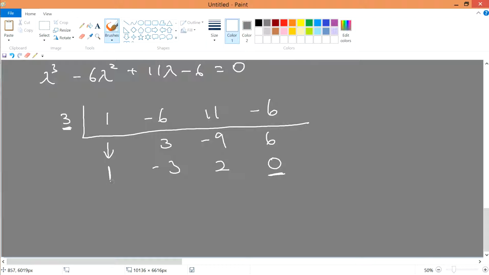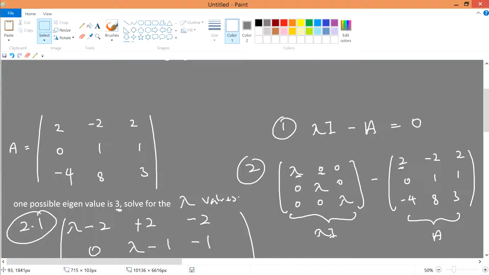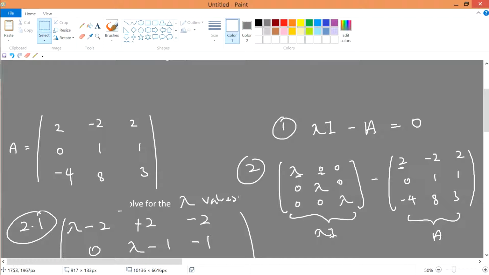And hence, we can translate this over here as a second order system, which is what I'm writing right now. So the remainder must be equal to 0. If it's not 0, this means that your eigenvalue is not correct. Let's say they didn't give you the eigenvalue, and they say solve for the lambda values.